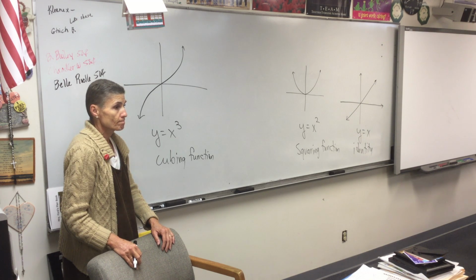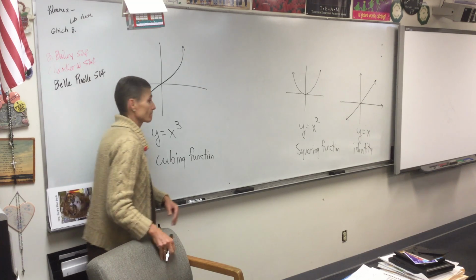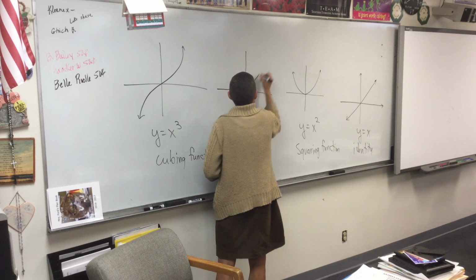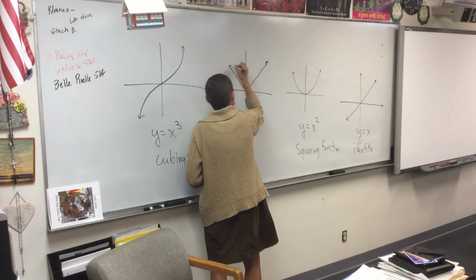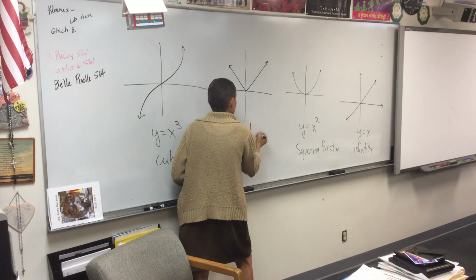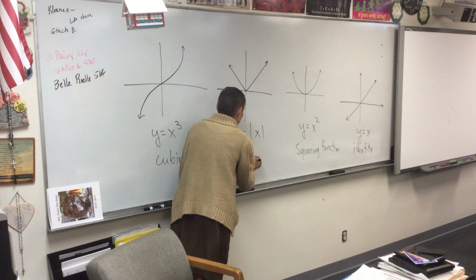Caught up? So far, so good. Next one is a V shape. Anybody remember what that is when it's a V? It's an absolute value. So this is the absolute value function.